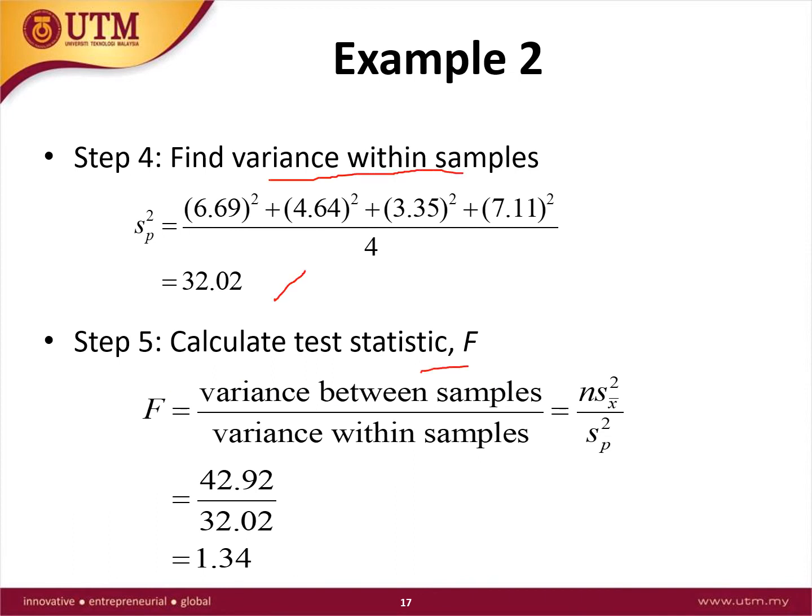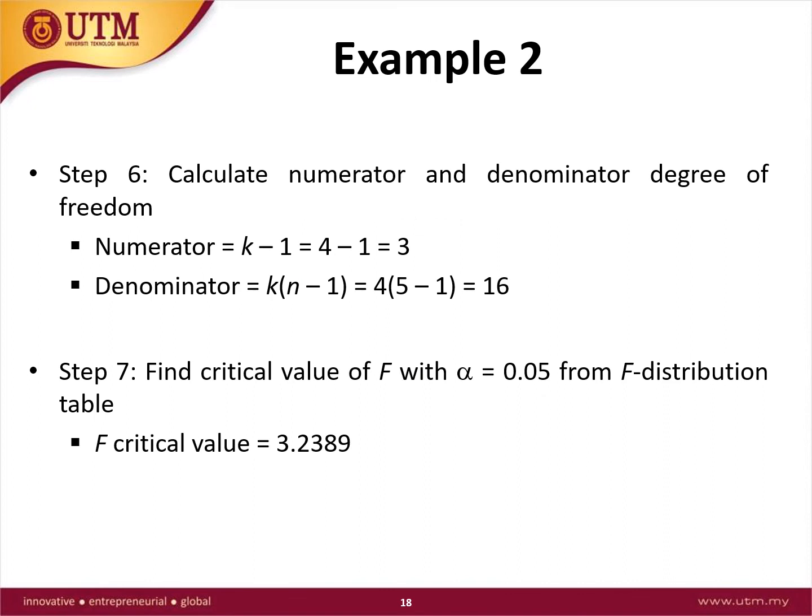Then calculate F using this formula, and we get F equals 1.34. Calculate the numerator and denominator, in this case 3 and 16. Find the critical value of F for the 0.05 significance level from the F distribution table, and you get 3.2389.